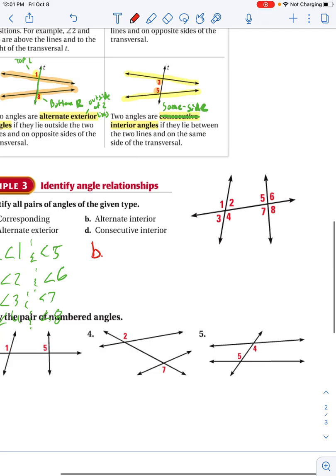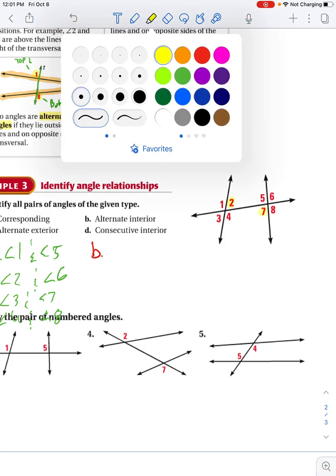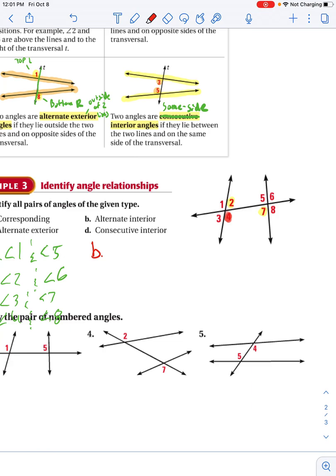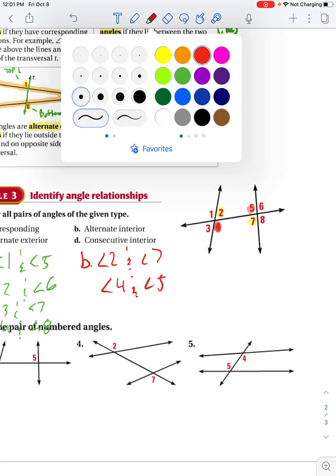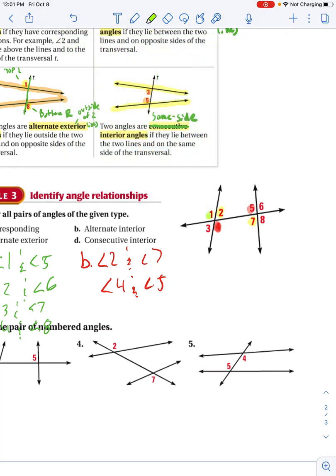Alternate interior angles. Alternate sides of my transversal. I have 2 and 7, and I also have 4 and 5. So angle 2 and angle 7, as well as angle 4 and angle 5. Alternate exterior, on the outside of my two lines, that's going to be angle 1 and angle 8, as well as angle 3 and angle 6.